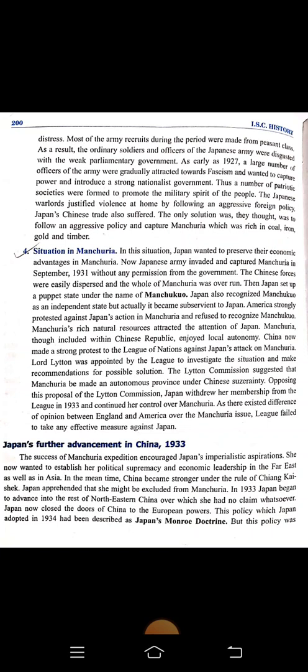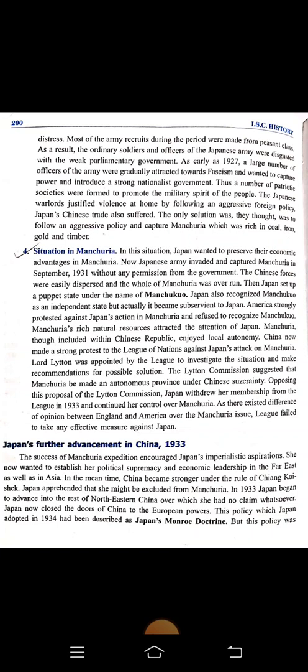Japan set up a puppet state under the name of Manchukuo. Japan recognized Manchukuo as an independent state, but actually it became subservient to Japan.